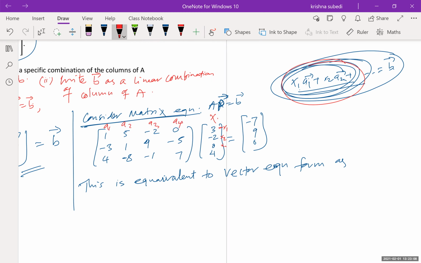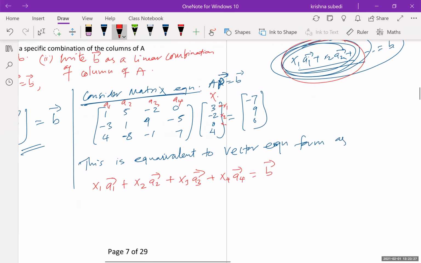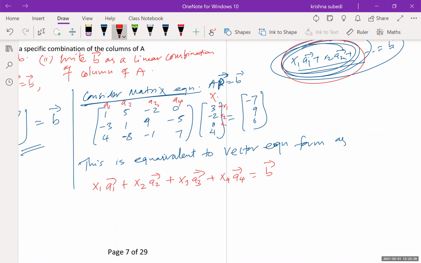So how we write it: x1 means 3. I will write x1 A1 plus x2 A2 plus x3 A3 plus x4 A4 equals B. This is the linear combination, or you can say vector equation form, same thing.